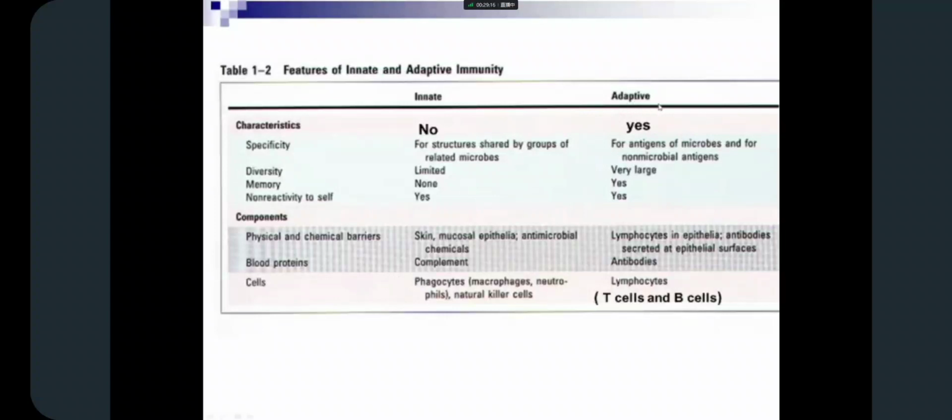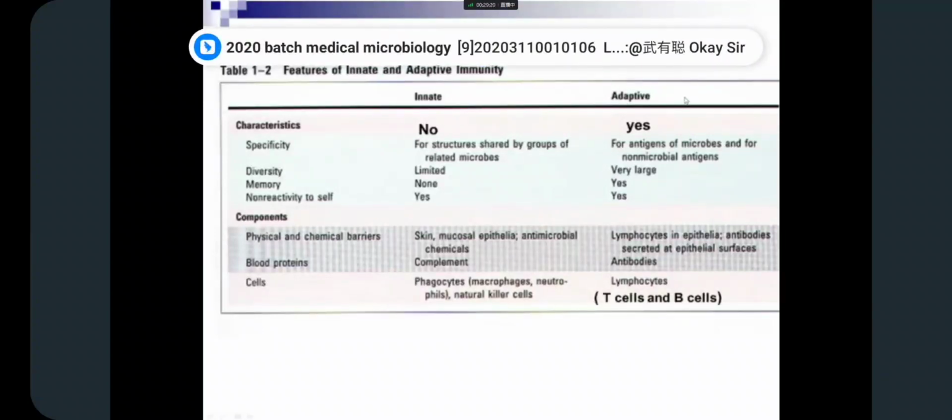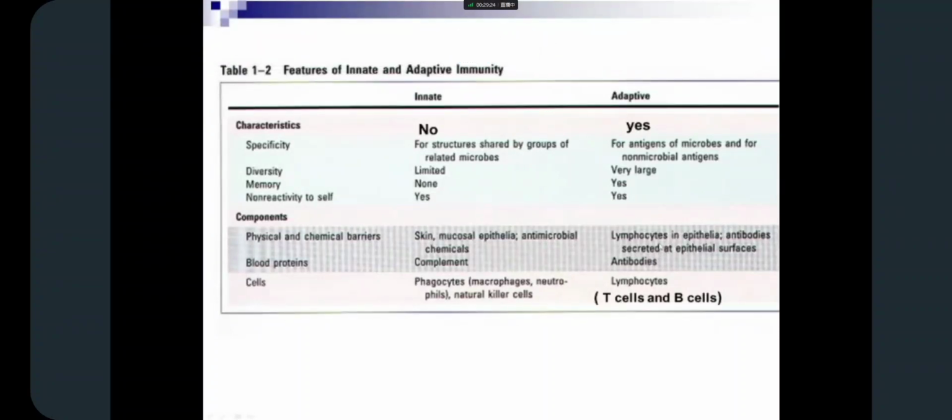But the components of the adaptive immunity system contain lymphocytes in epithelial, antibodies secreted by epithelial surfaces, and then antibodies in blood.